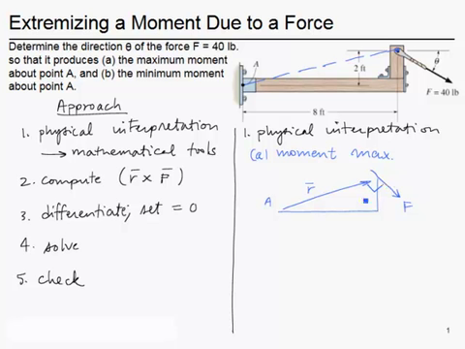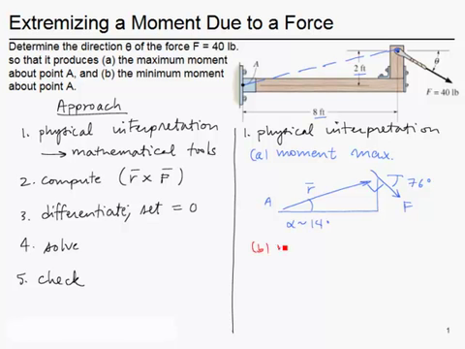Now, based on the geometry that we have here, where we've got this distance here of 2 and this distance here of 8, we can figure out that this angle is actually about 14 degrees. Okay, so that means that this angle up here ought to be 76 degrees based on our physical interpretation of the problem. So what we're expecting is that in step 4 we should be able to solve for an angle of about 76 degrees to get this to happen.